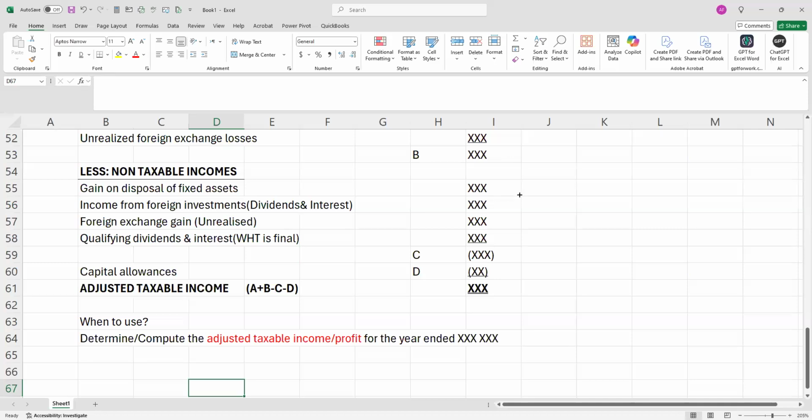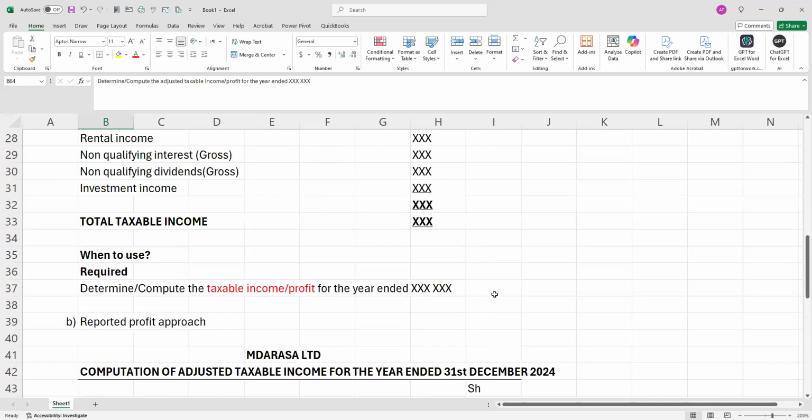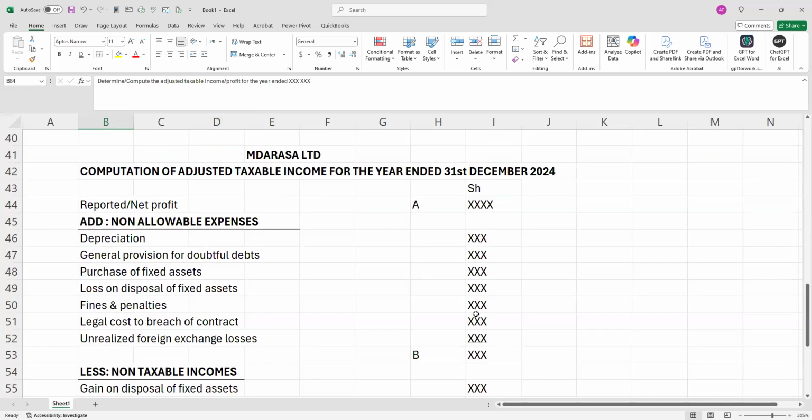So that's why Mwalimu is saying the best way to know which approach to use is to look at the requirement. If the examiner is asking you to compute the adjusted taxable income and you're not given any further instruction, then the best approach would be the reported profit.